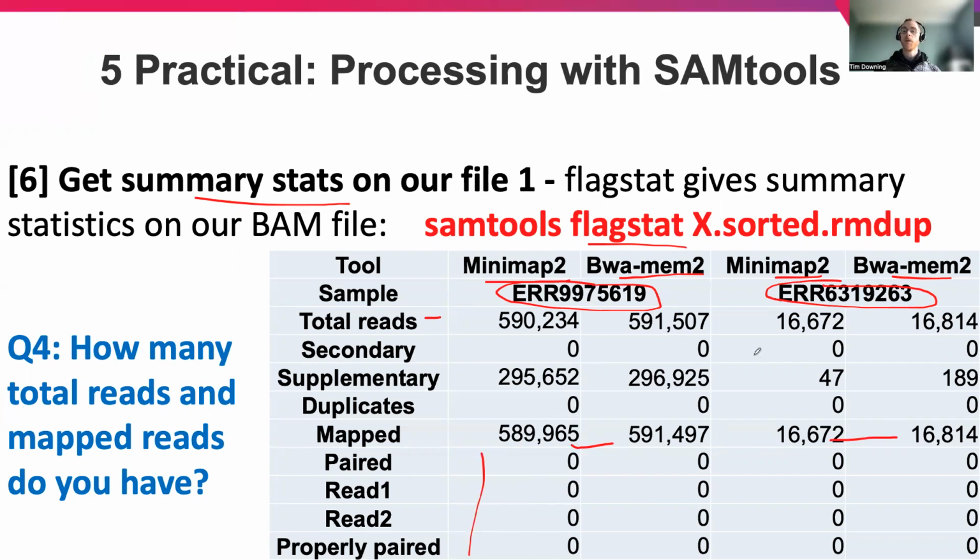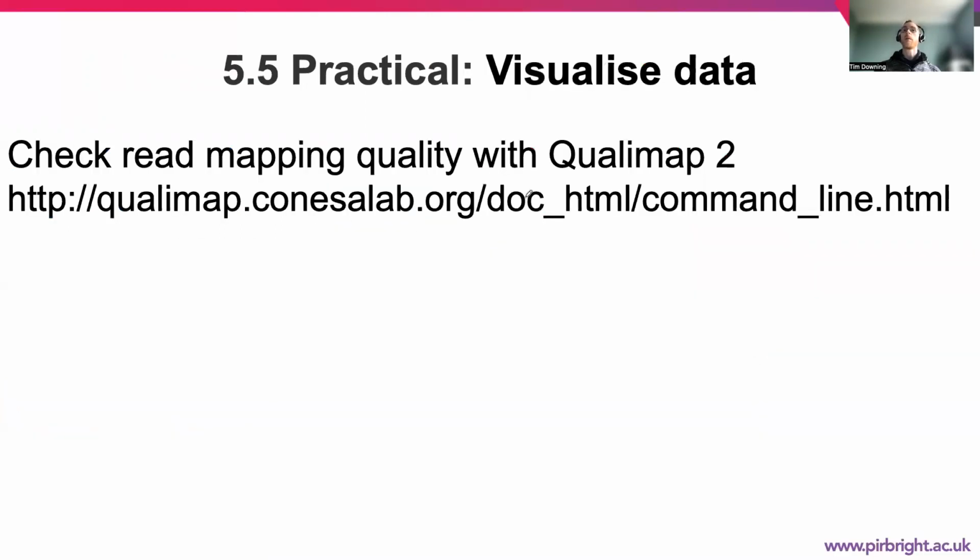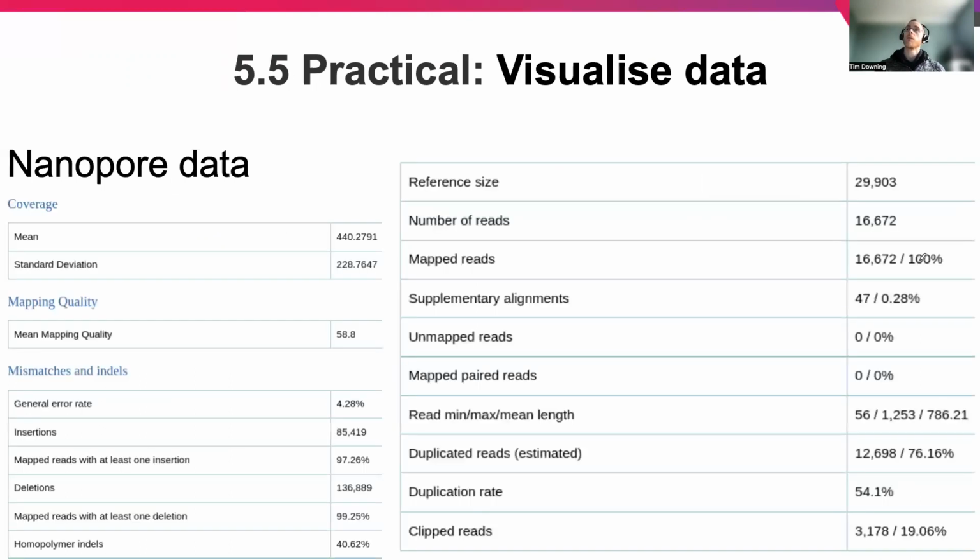It's single end reads. You can also read more about Qualimap at its website there, but basically it visualizes the key information for our libraries, much of which is covered already. But for Nanopore data, it will tell us the mean coverage, the standard deviation, mean mapping quality, the error rate for insertions and deletions, the numbers that are found, which are quite high here, as you can see, if you look at every read that's present.